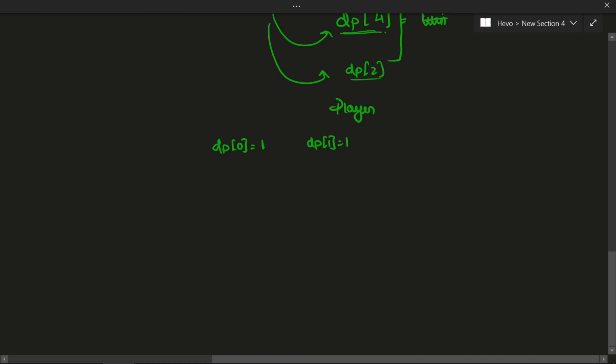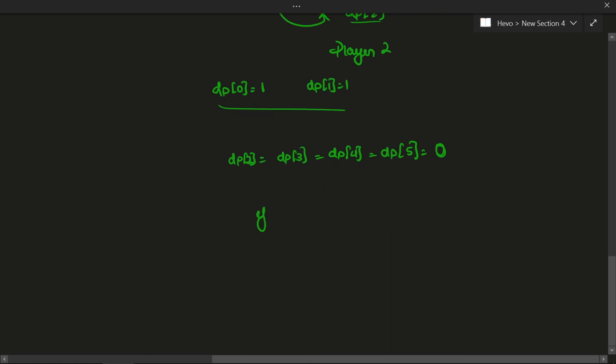In this case we have player two winning, and in other cases like DP2, DP3, DP4, and DP5, who's winning the game? It's the first player, so we represent it by zero.